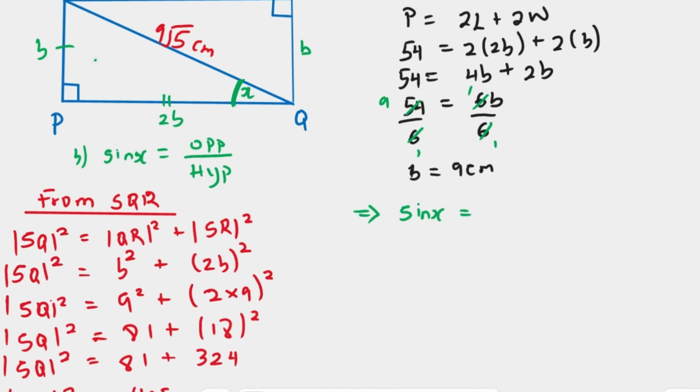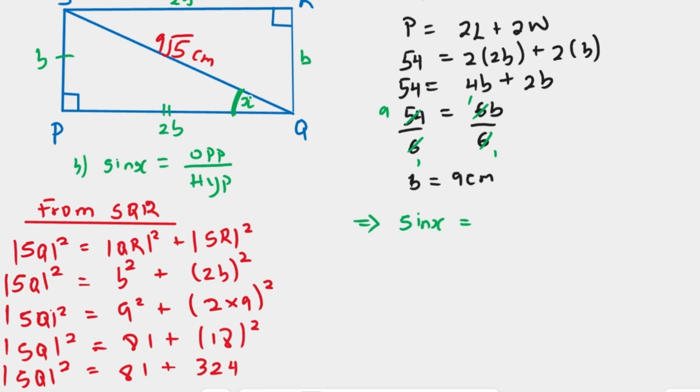So we just saw that opposite to this angle, that is x, this is the acute angle that we are talking about, is this b. So that's going to be b out of the hypotenuse. That is just what we got now, 9 root 5. Okay, so we have sine x equal to b is 9 out of 9 root 5.